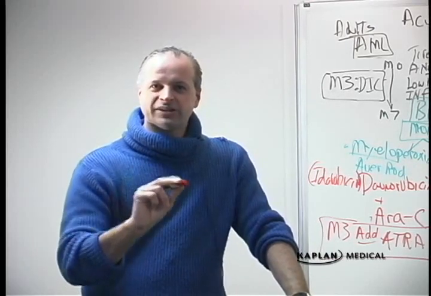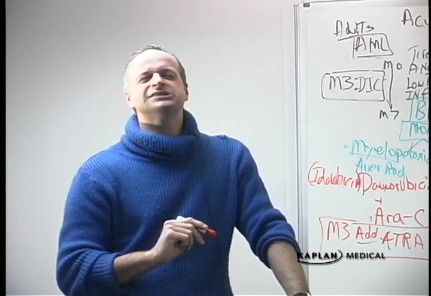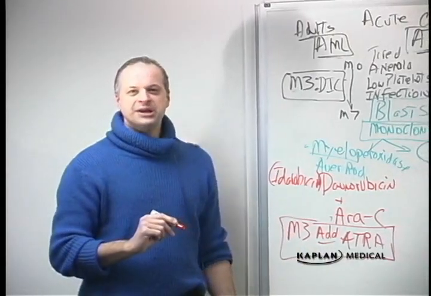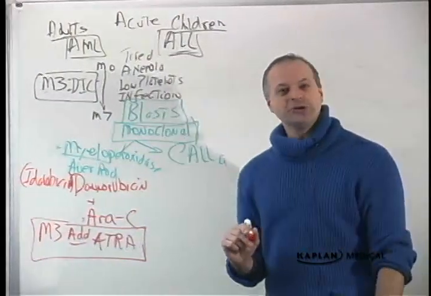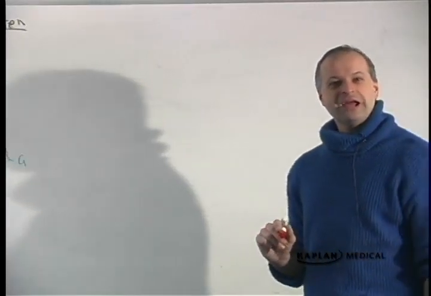What's a promyelocyte? Or blasts? They are immature cells. They never grow up, they don't get a job, they don't go to work, they don't kill bacteria, they don't leave their mother's house in the bone marrow.